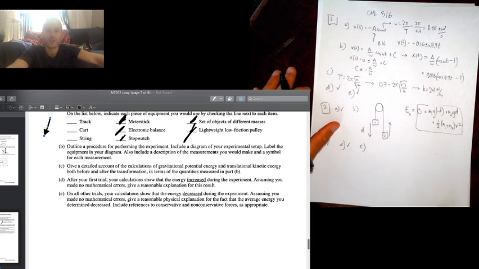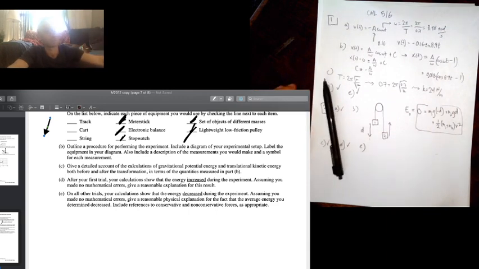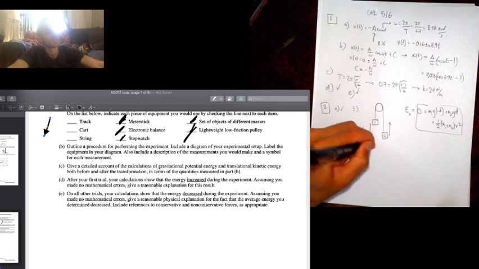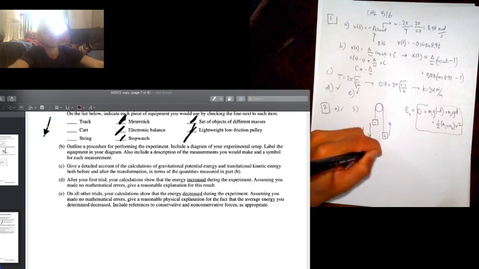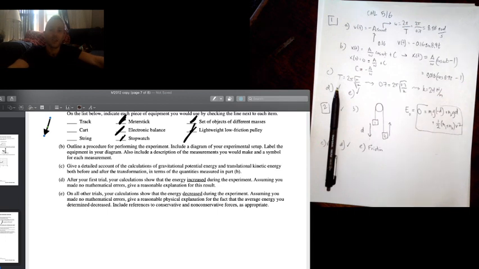So I would say that friction is going to tend to take energy, friction in the pulley. You could also talk about the fact that it's a lightweight pulley, so the pulley does have some rotational kinetic energy as it's spinning. So there's little things there.